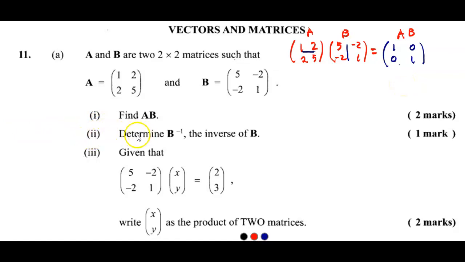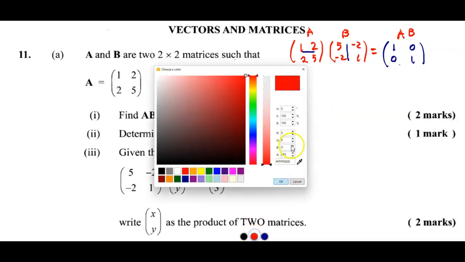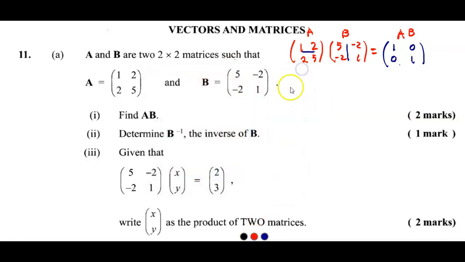You're asked to determine B inverse. So the inverse of the matrix is 1 over the determinant. So let's do the determinant first. There's a process in finding the inverse of a 2x2 matrix.